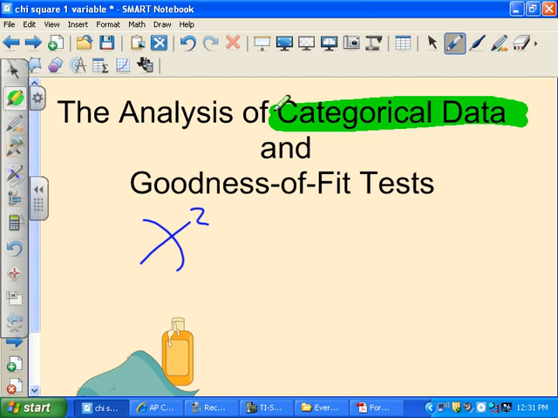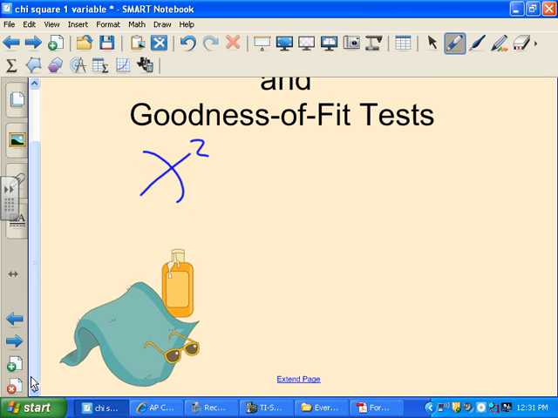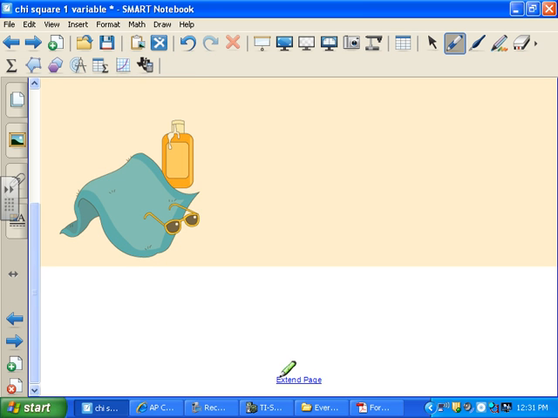I can do proportions out of categorical data, and I'll talk about that in a second. But the biggest thing I want you to realize is that it doesn't make sense to average categorical data. For example, if I conducted a poll here to figure out everybody's favorite color, and in fact, let's do that right now, just to show you.